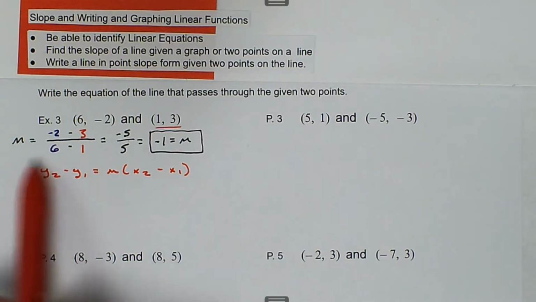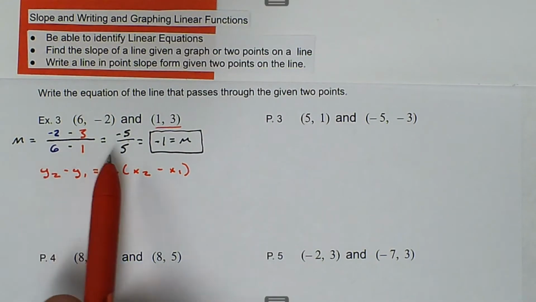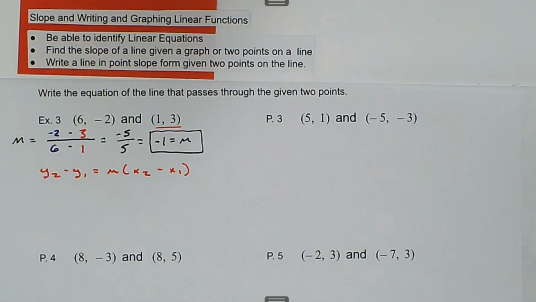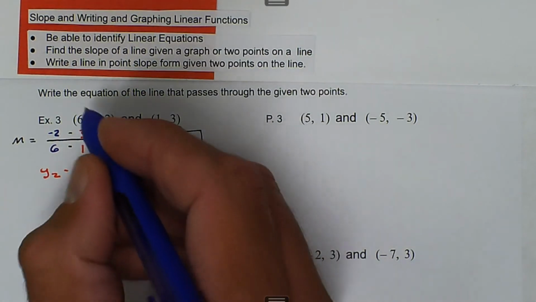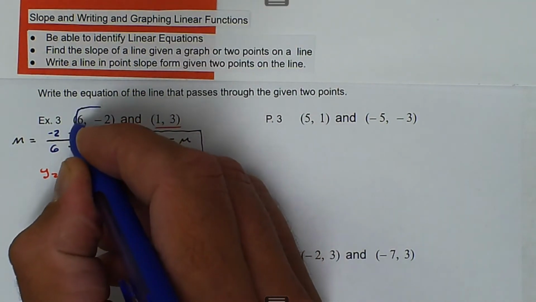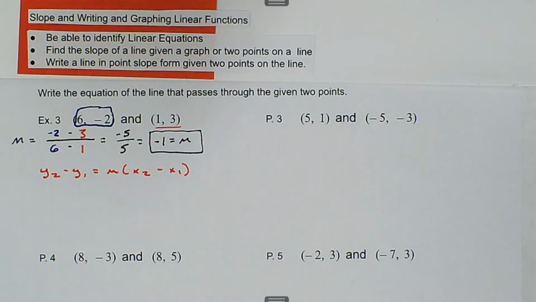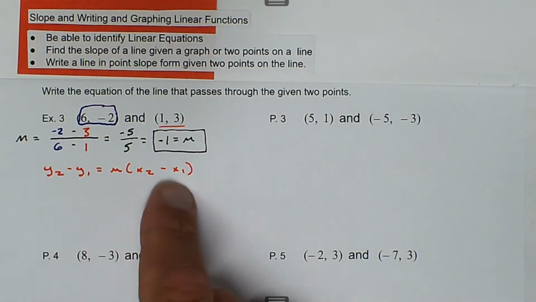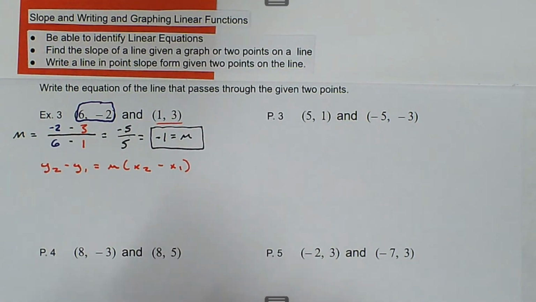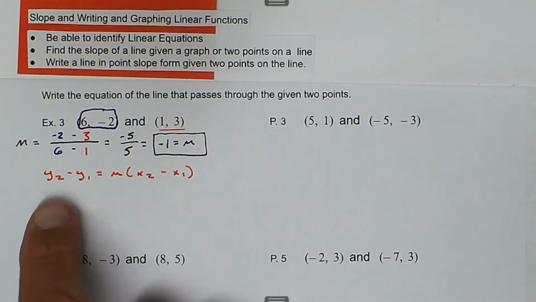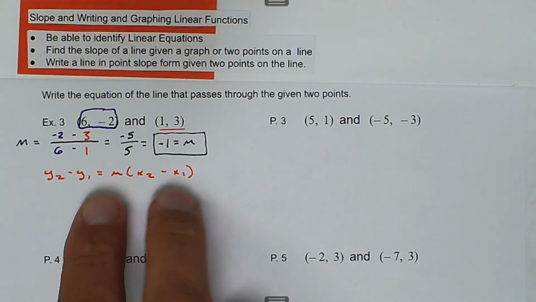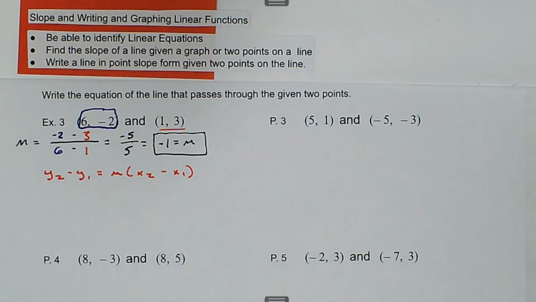Basically, it's just the slope equation rewritten. What we end up doing is substituting one of the points in. So I'm going to substitute in 6 minus 2 into one of the x values. And again, it doesn't matter which one. It can either be the first set or the second set.